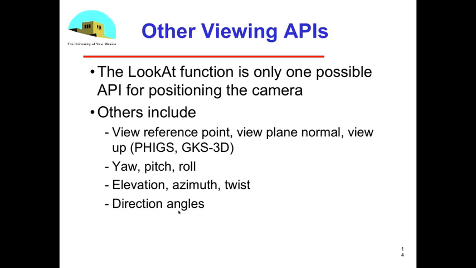Previous system, PHIGS, which we've mentioned before, and GKS used a system where you had a view reference point and a view plane normal and an up direction too. It turns out that given the view plane normal and the reference point, you can get the at point and the I point, or go backwards from the I point and the at point to the view reference direction and a view plane normal. So this is equivalent.